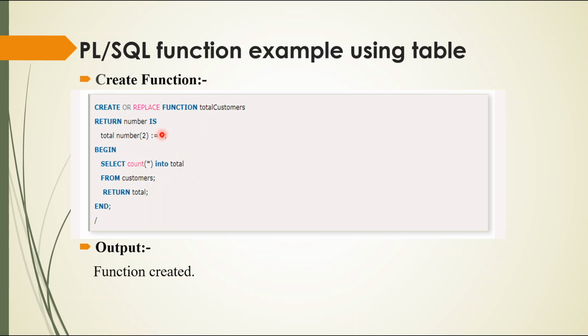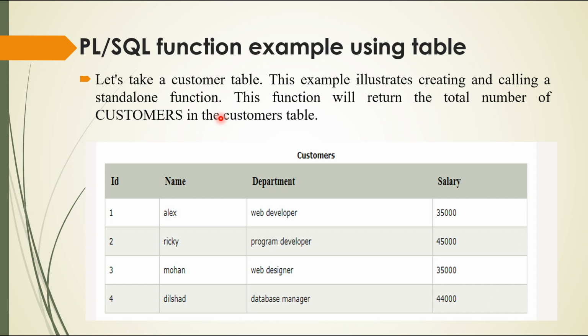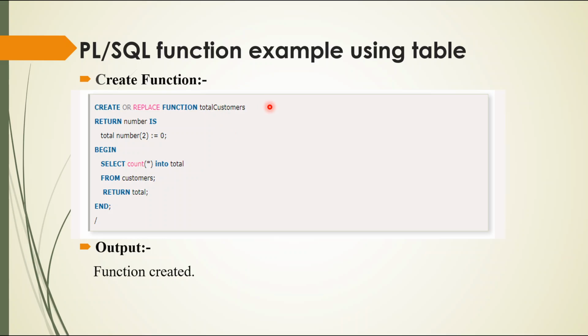So create or replace function total_customers, return number: from the customer table I am calculating how many records are available. Total_customers is my function name. Now return in which data type? Number. Now I am declaring one variable, that is total. Total is my output.